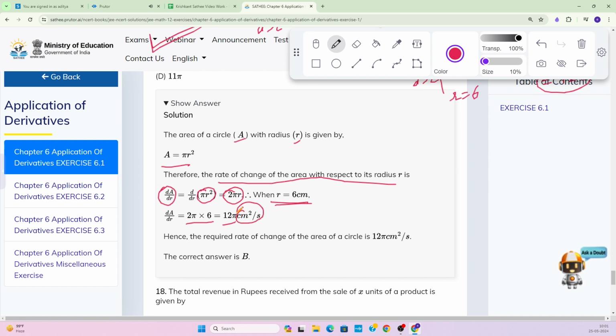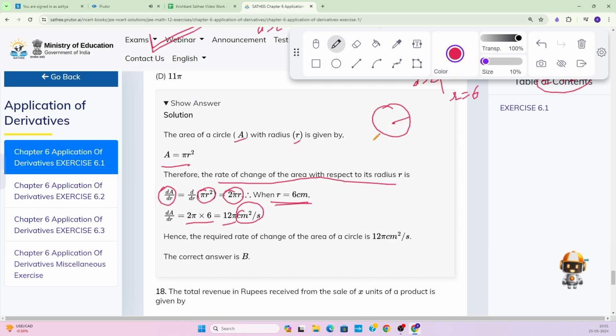This means this much, 12 pi centimeter square, will be the increase every second. So every second the increment of area is 12 pi when radius is 6 centimeters. Okay, clear? I hope that it is clear. If you try to visualize it physically, what is happening? You have a circle with some radius r.